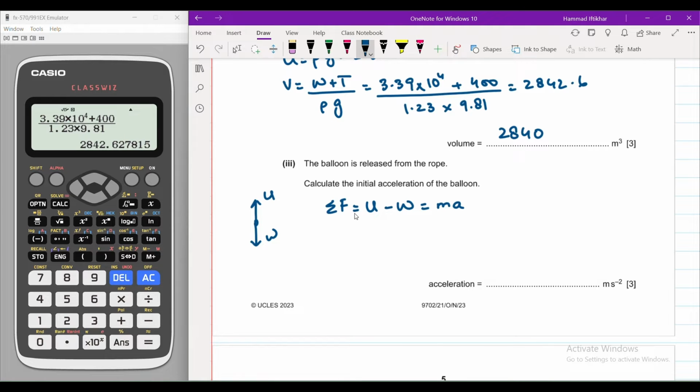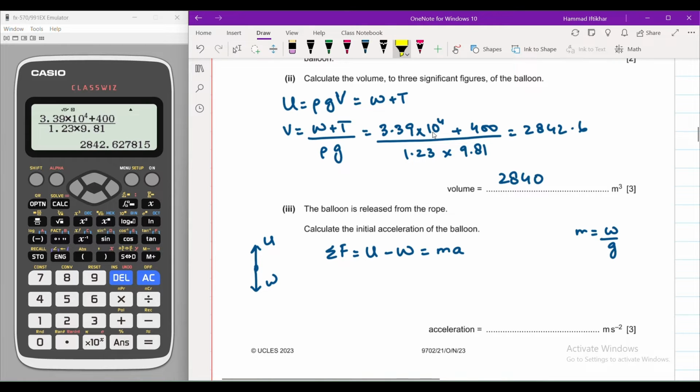Where M is going to come from the weight over g, and upthrust we calculated right over here. Since upthrust before was equal to weight plus T, upthrust minus W will be, magnitude wise, equal to the tension.